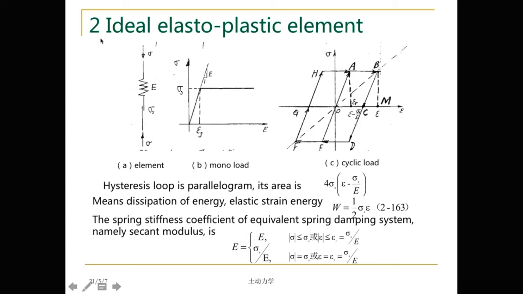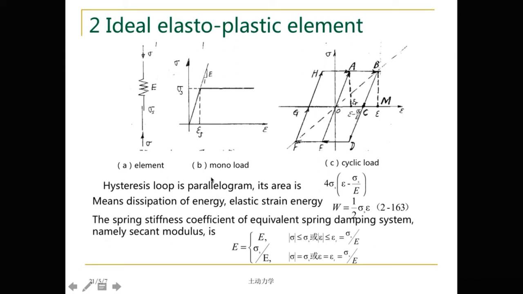Now let's see. We just use these elements to create some elastoplastic models. This is the simplest one, the ideal elastoplastic element: a spring connected with a Coulomb body in series, and we apply the load on this system.